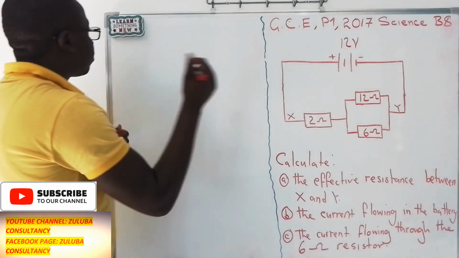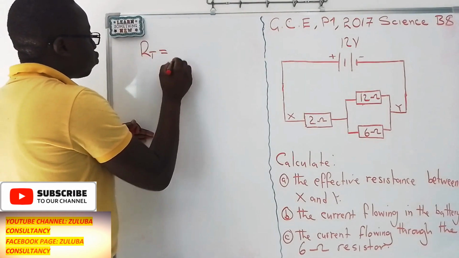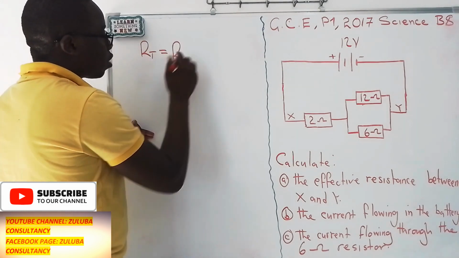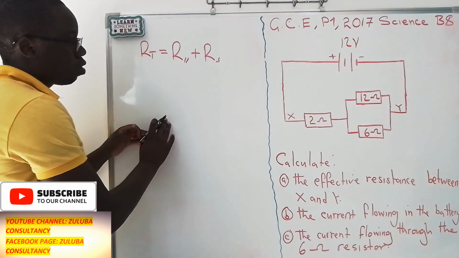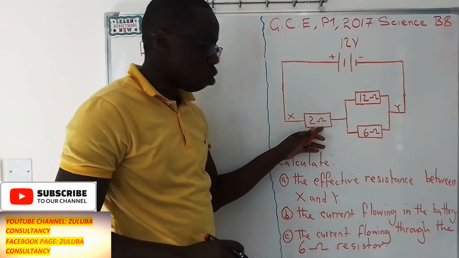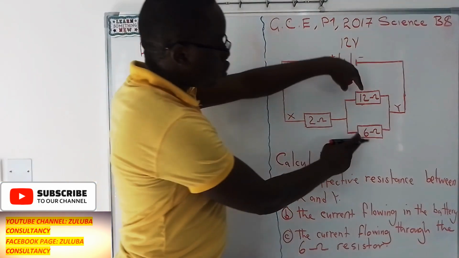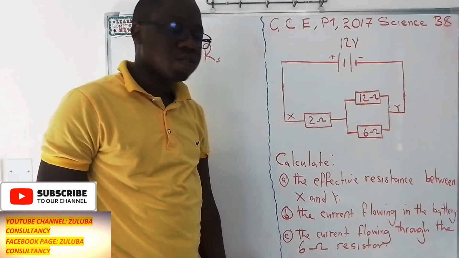So what are we simply saying? We are saying the total resistance is equal to the parallel resistance plus the resistance in series. So the resistance in series, we already have it. It is 2 ohms. The resistance in parallel, we need to resolve these two resistors.